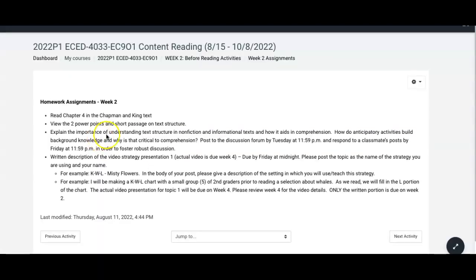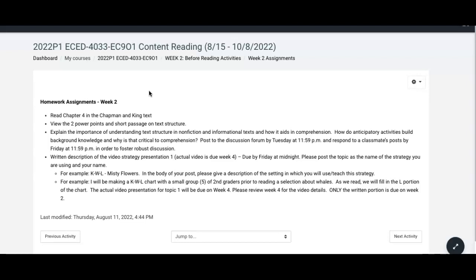Assignments. You're going to read chapter 4 in the Chapman and King text. And chapter 4 is differentiated models and strategies of reading. You're going to look at the 2 PowerPoints and a short passage on text structure.